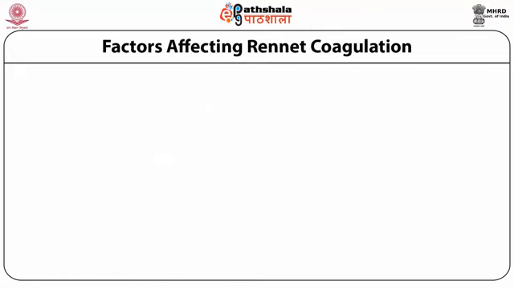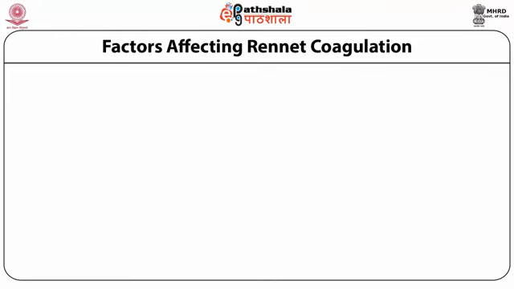Because rennin is an enzyme, and as we know, enzymes are very specific proteins which are affected by temperature, pH and other concerns. Similarly, rennet coagulation is also affected by many factors.